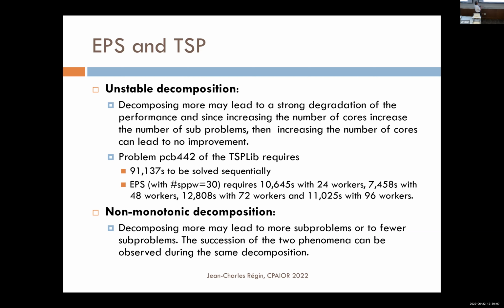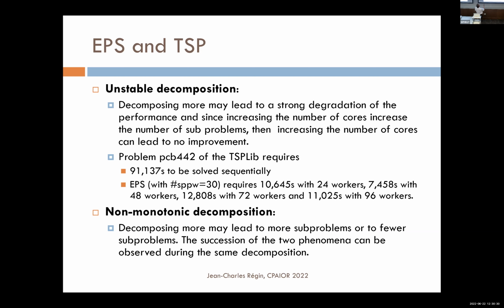For instance, when I consider this problem, from TSPLib, there is a type of problem, and this is the number of nodes of the problem. The graphs are complete. So here it needs sometimes, as you can see, this is not in milliseconds here, 90,000 seconds to be solved sequentially.